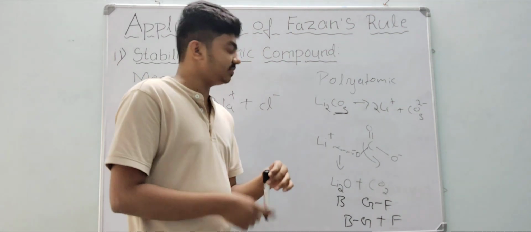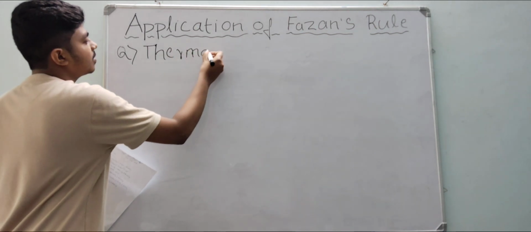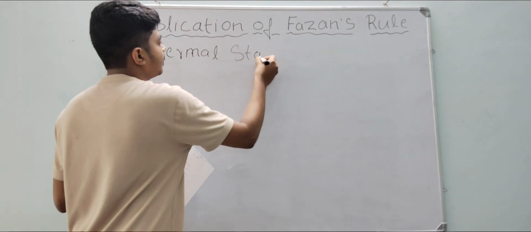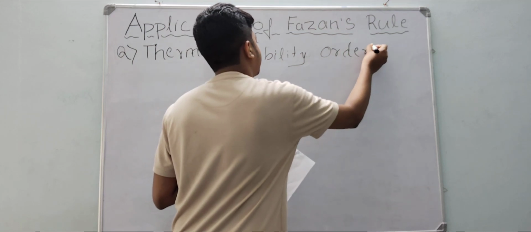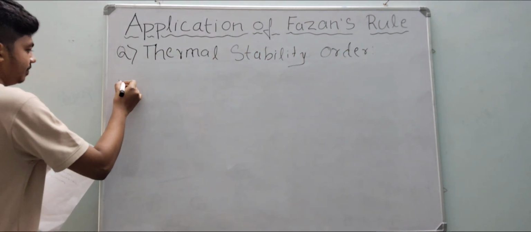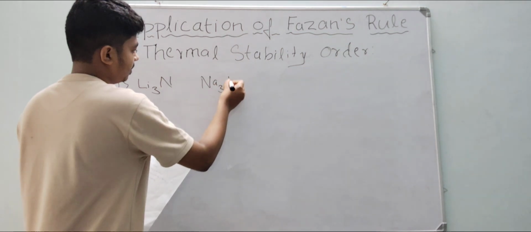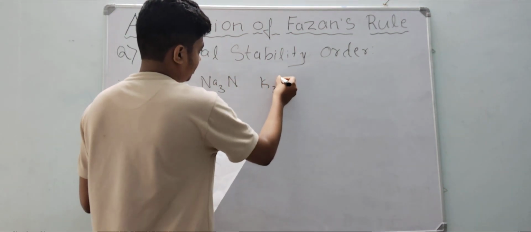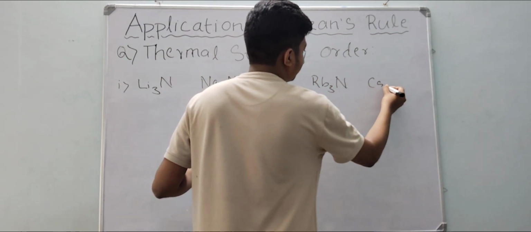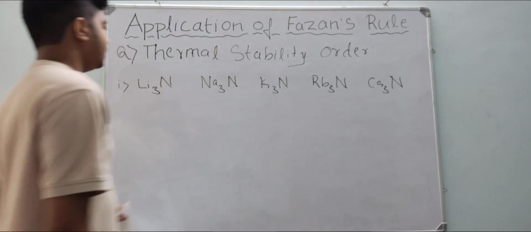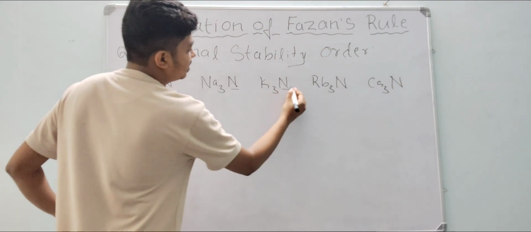Now let's solve some questions. We can see that here the anion is monoatomic, that is nitrogen 3 minus.